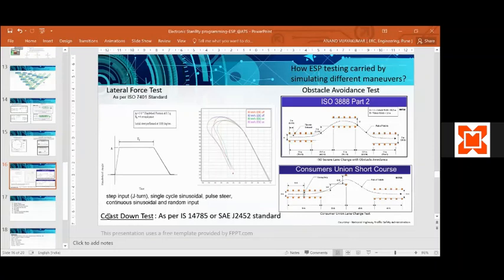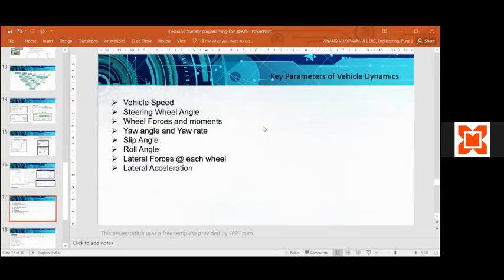There is a course down test as per ISO. It is typically a downhill test, either as per IS 14785 or SAE J2452. This defines the standard for ESP testing as well. These are all the key parameters that need to be monitored and assessed, and the control needs to be there to ensure the vehicle stability.